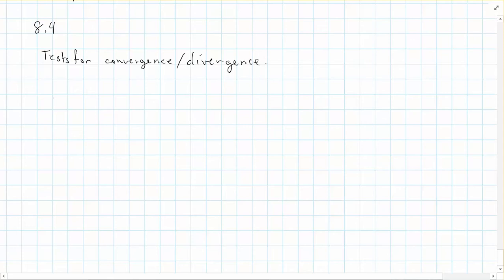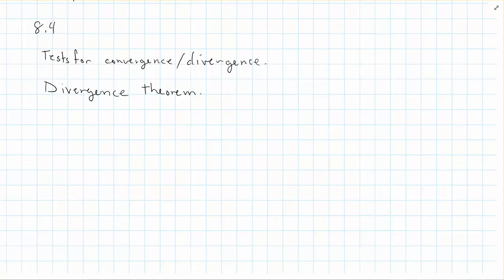Alright, so the first one we had, after we did a little bit of investigating with some examples, was the divergence theorem. And remember, the key thing here is that the name tells us we only apply this to determine that a series diverges. You can never use this to say that a series converges.